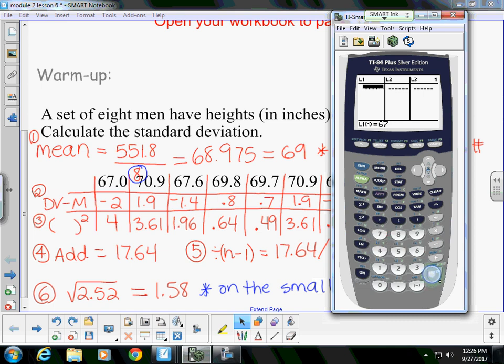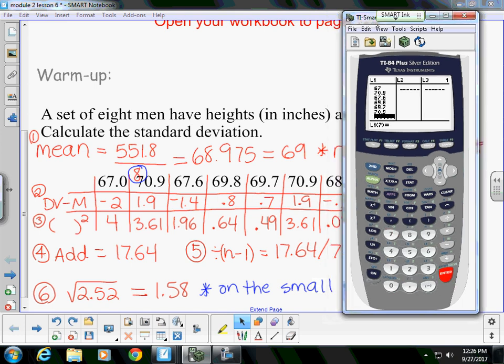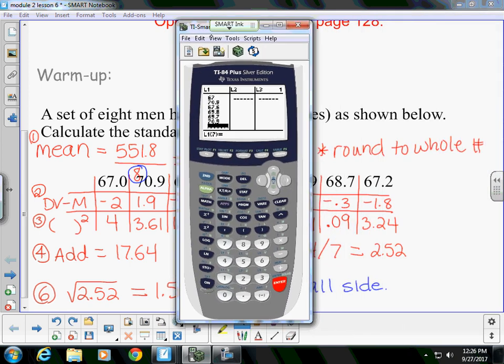So 67, enter. 70.9, 67.6, 69.8, 69.7, 70.9, and two more, 68.7, and the last one, 67.2.